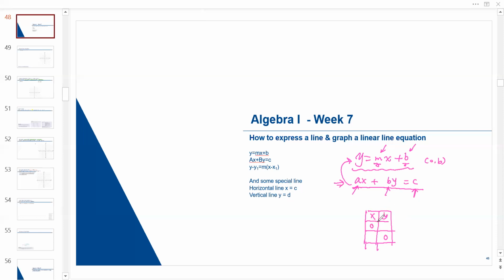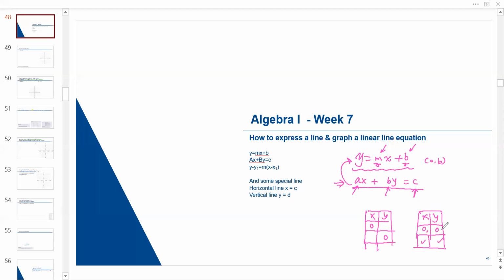If x equals 0 and y equals 0, it actually passes through the origin. So you have to find a special dot, right? Sometimes the one that exists is x equals 0, y equals 0. So you need to find an additional dot. You only need two dots, meaning two pairs. You can graph the linear line.